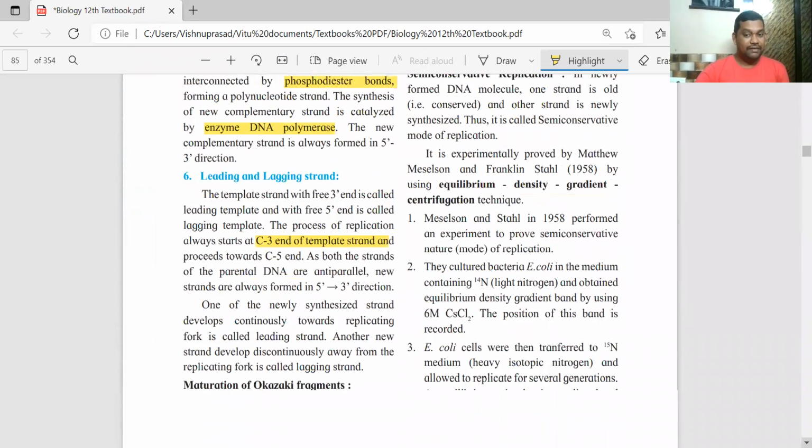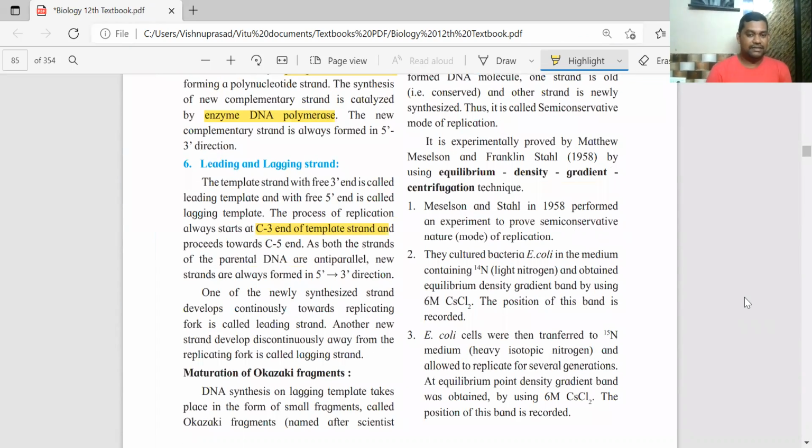एक और चीज है कि when this DNA polymerase जा रहा है, नया न्यूक्लियोटाइड्स लाके ऐड कर रहा है.